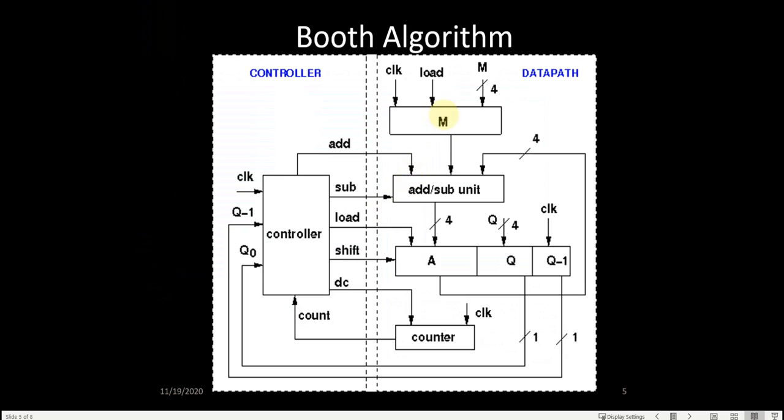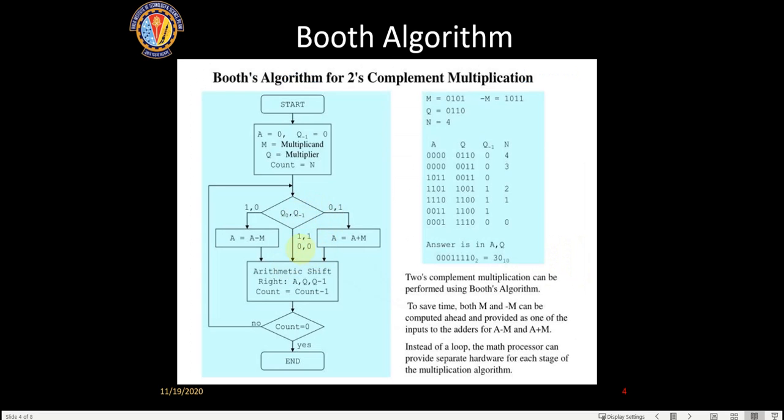In hardware, how it is implemented is shown here. You have M, you have an add or subtract button, then you have the accumulator A, then you have Q, and Q minus 1. Into Q also we initially load the data. So you are going to compare Q0 and Q minus 1. One input goes to a controller. This controller will give a command either to add or subtract based on the data: 0 0 and 1 1 do nothing, and for 0 1 add and 1 0 subtract.